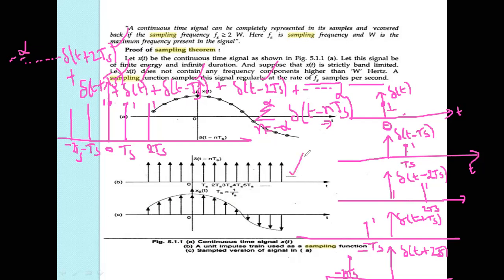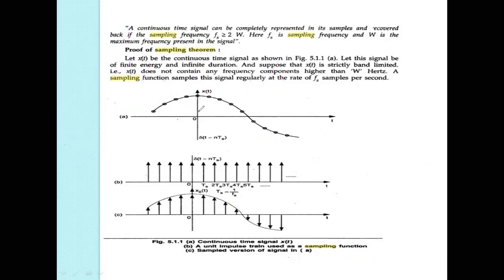The sampled signal is the original signal x of t combined with delta of t minus n Ts, the sum of all the functions.